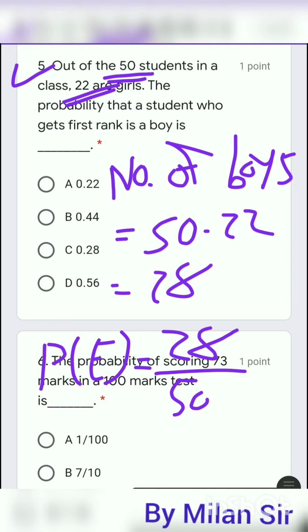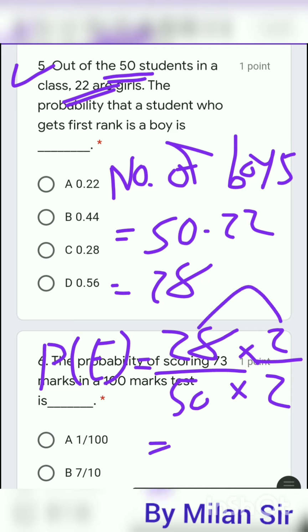So 28 by 50. And here if we see the options, they are given in decimal numbers, right? So here we need to divide 28 by 50. For that you can multiply and divide with 2. If you multiply by 2 and divide by 2, there is no change, right?